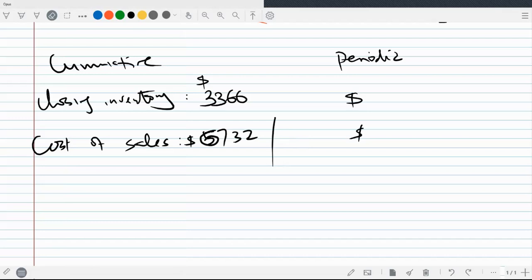Tell us what you discussed. Closing inventory. Under cumulative or periodic? Sorry, I mean cumulative. We discussed closing inventory under cumulative. What was the closing inventory value, how much?